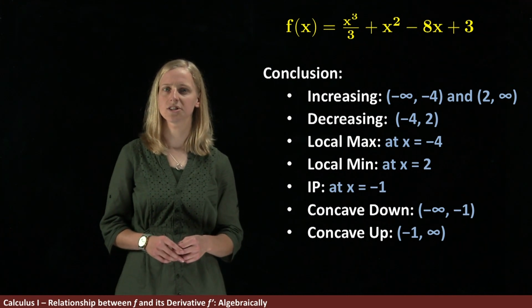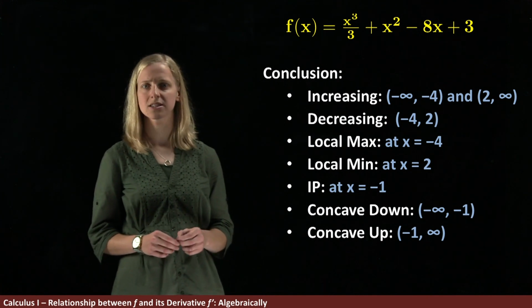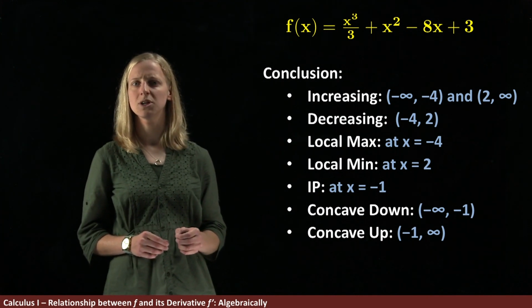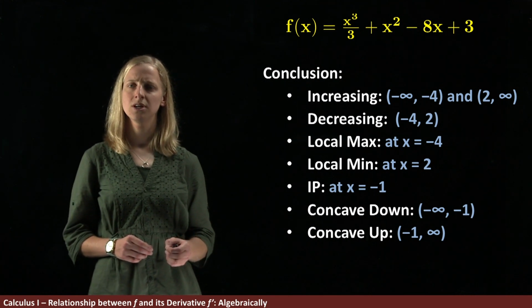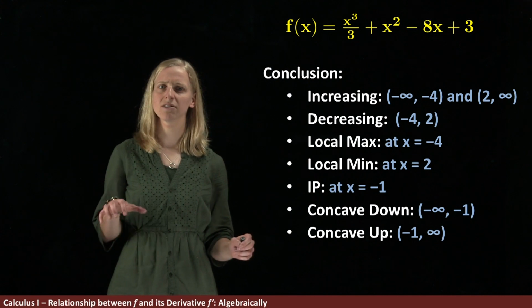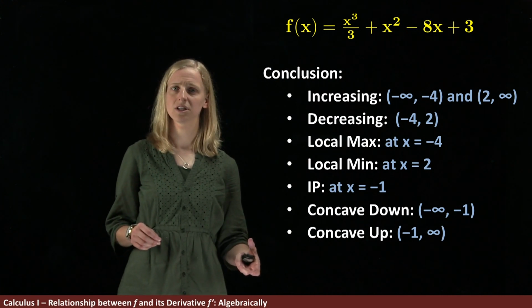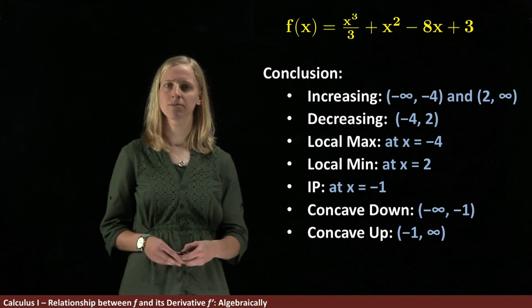It is decreasing on the interval negative 4 to 2. It has a local maximum at x equals negative 4 and a local minimum at x equals 2. It has an inflection point at x equals negative 1, and is concave down from negative infinity to negative 1, and concave up from negative 1 to positive infinity.